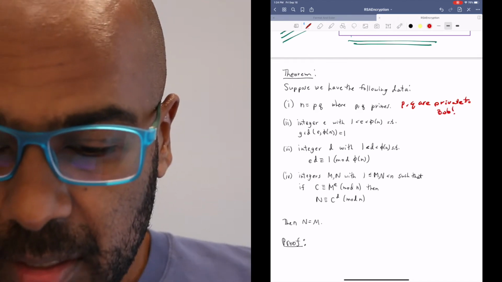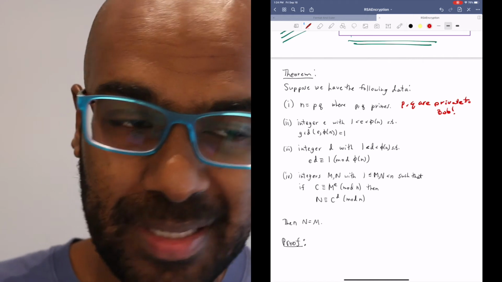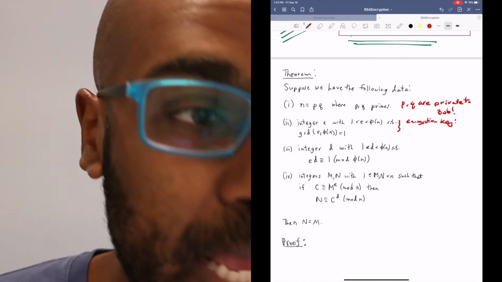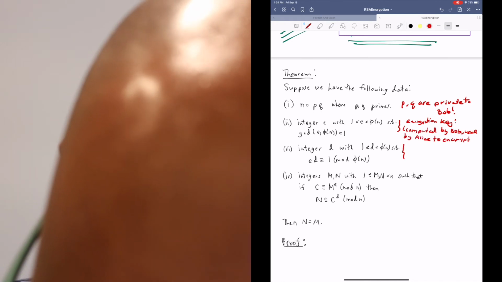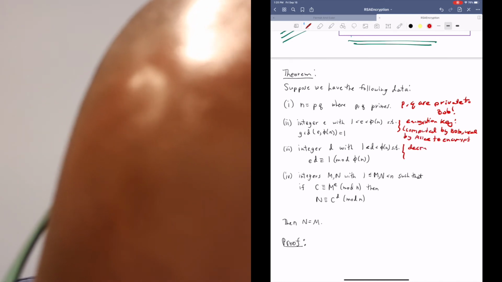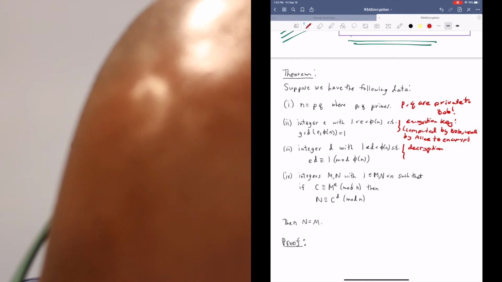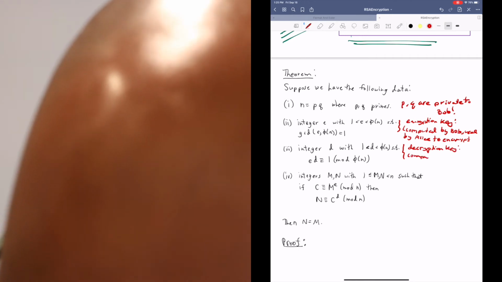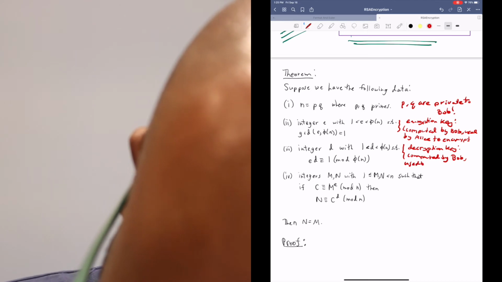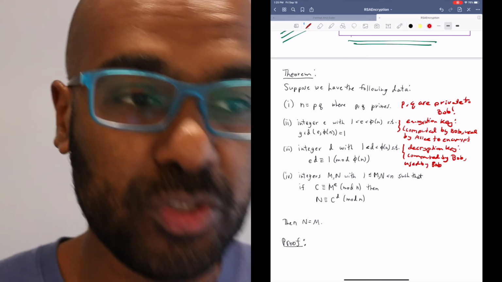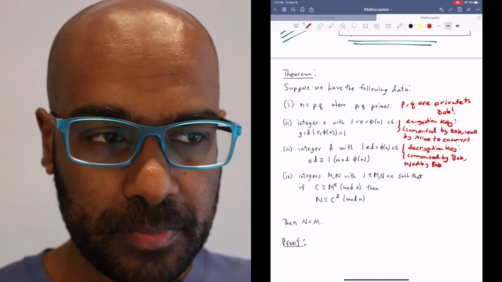Okay, then an integer E is computed. E is called the encryption key, right? And this is computed by Bob and used by Alice. And then this D, the decryption key, is computed by Bob as well and used by Bob to actually do the decryption.